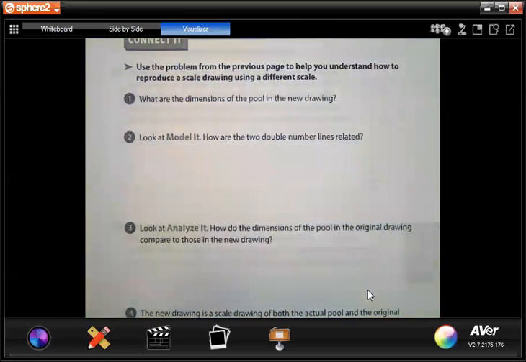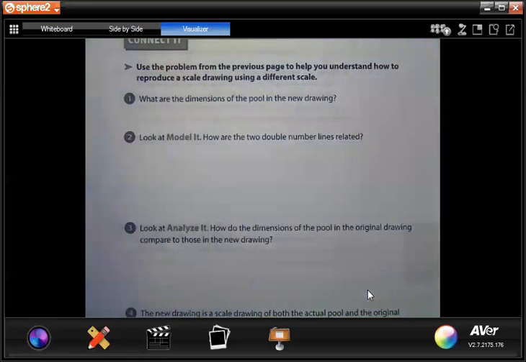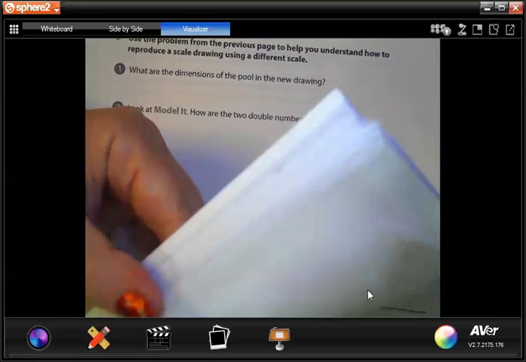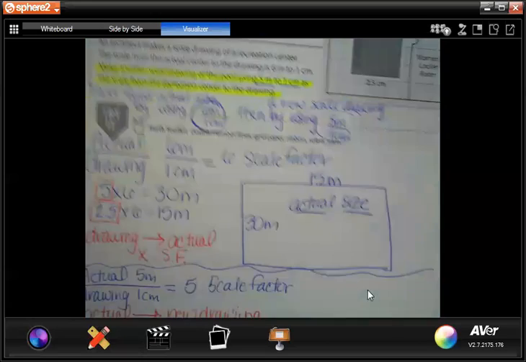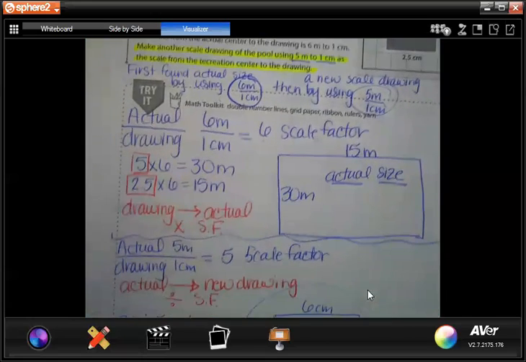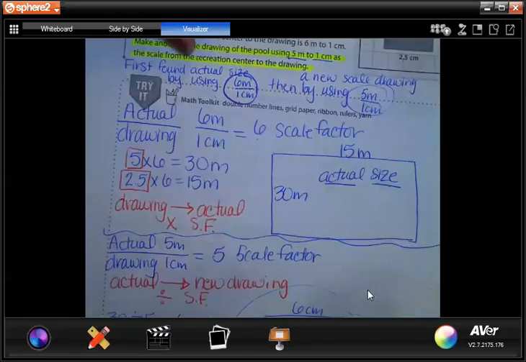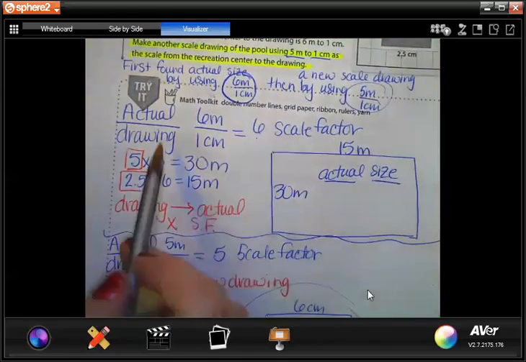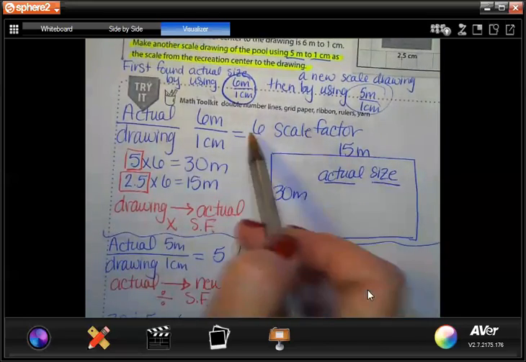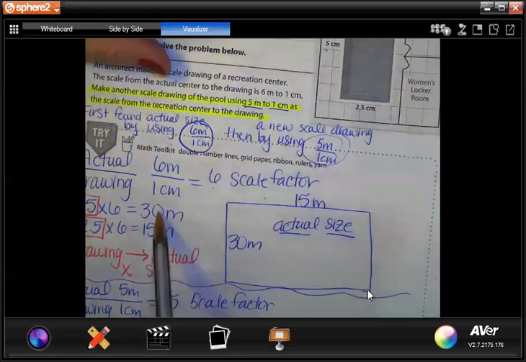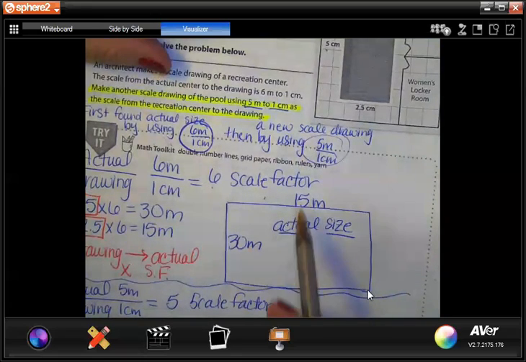So what we found out, because we actually already did this problem, remember? This was the pool problem. There were several groups that got the right answer. You got the scale factor, you multiplied each of these by your scale factor to get the actual dimensions.